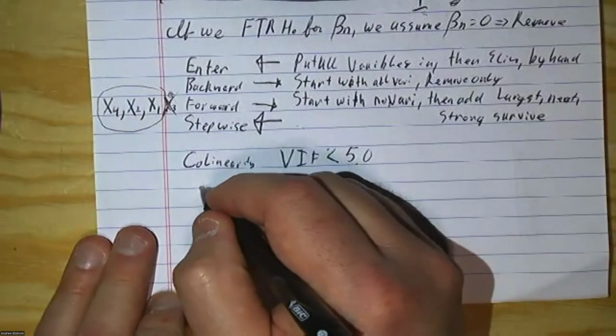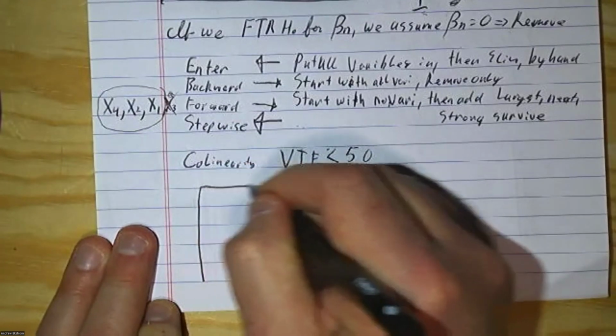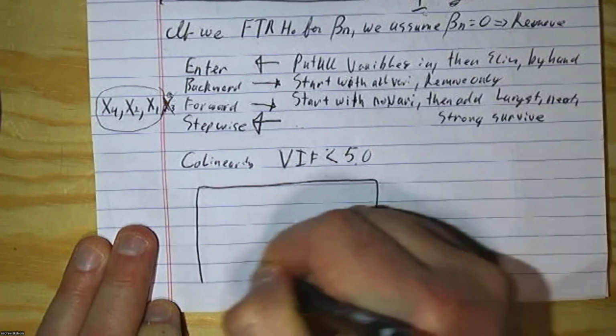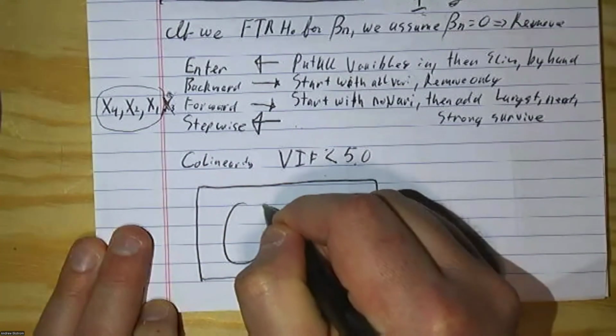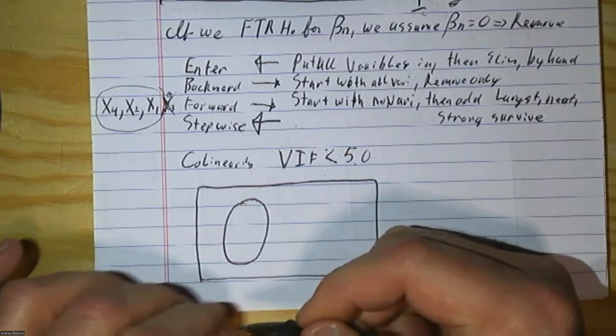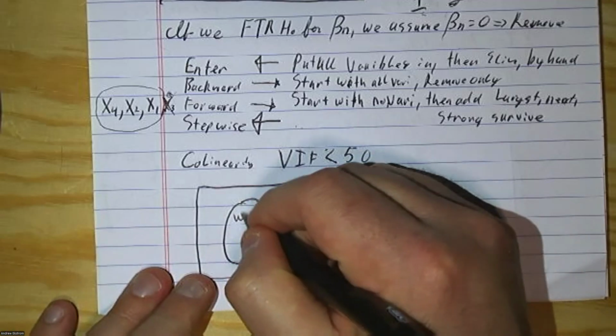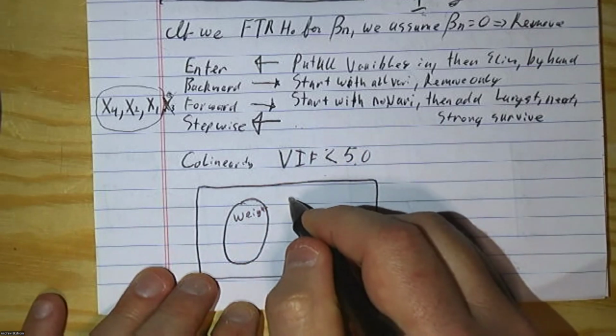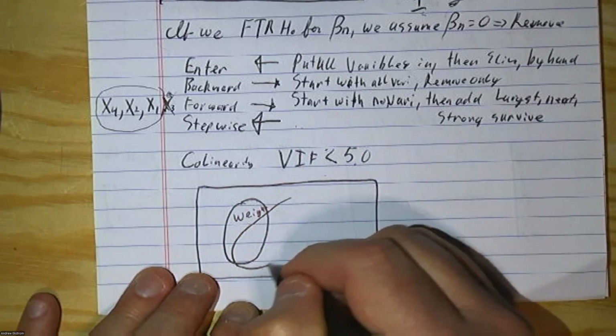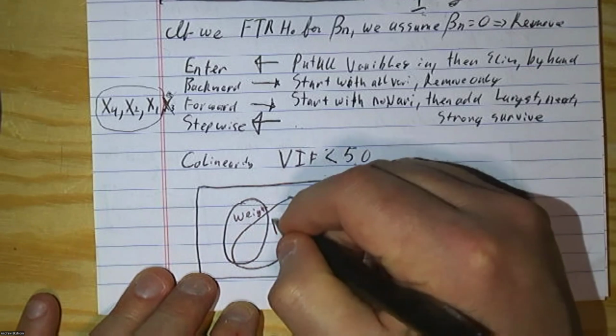So let's assume that we've got our variance. And like I was saying, we've got one variable, and let's say we call that the person's weight. And then we've got another variable in here.